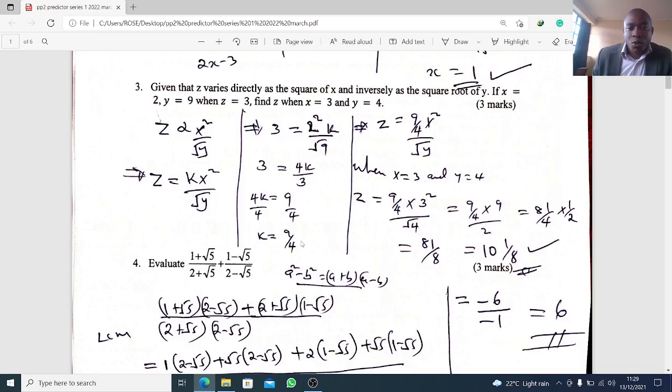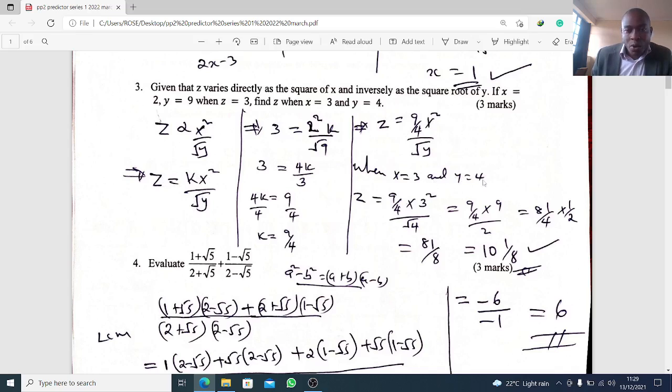K equals 9 over 4. After getting 9 over 4 as k, we can also cross multiply: 4k equals 9, so we divide by 4, then k is 9 over 4. Then that means the equation is z equals 9 over 4 times x squared over the root of y, and that is the equation here.